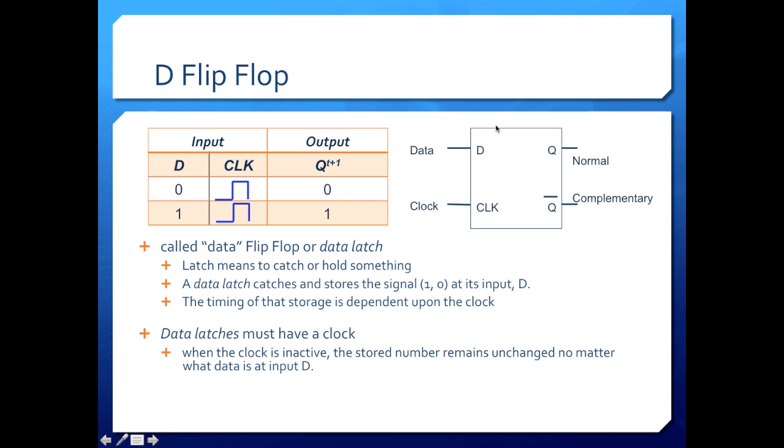So I could change this input from 0 to 1, to 1 to 0, 0, 1 over and over. But if the clock is inactive, if this is 0, then no new number will be stored inside the flip-flop. When that clock becomes active, when it goes from 0 to 1, whatever number is at D, if it's a 1, will go in only when this clock becomes active.